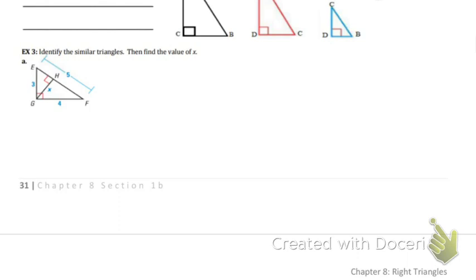So the first thing we're going to do is draw 3 similar triangles. The first triangle I'm going to draw is the big triangle, where the right angle is G, and that makes this E, and that's F. I also know this length is 5, I know this is 4, and I know this is 3.